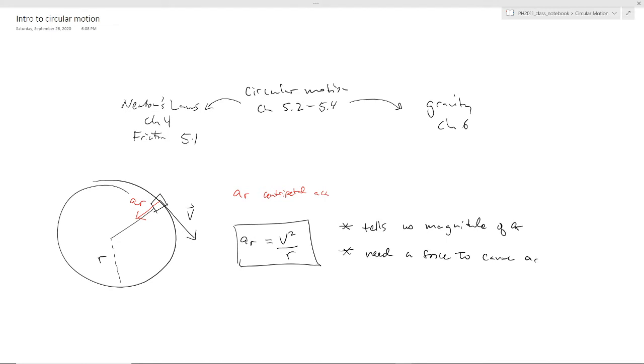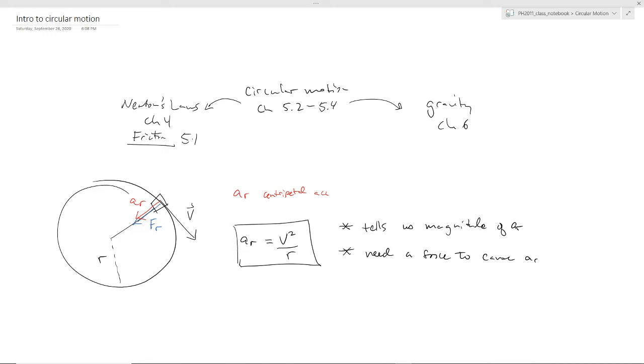That force is going to have to be pointing in the same direction as the acceleration. So it will also point towards the center of the circle. And for now, I'll just call it F_r. And it turns out that there's lots of different forces that can cause a centripetal acceleration, including friction. So this is our connection to the first section of this chapter.